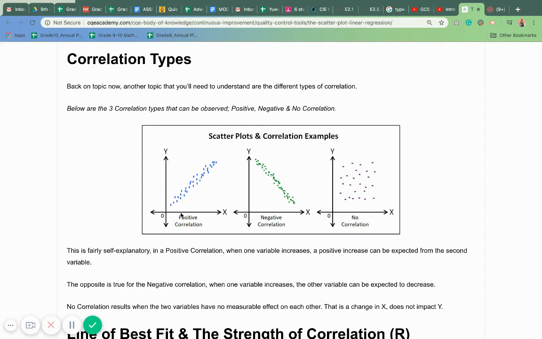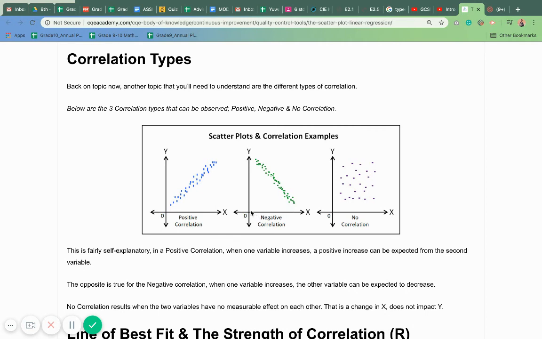What can be some examples? For positive correlation, we can say that maybe the number of hours I study and my score in the examination, right? We all know that if I put in more effort in studying, my score in the examination keeps increasing. Now, what can a negative correlation look like? A negative correlation can look something like the number of hours I sleep at night and the number of hours I watch TV.